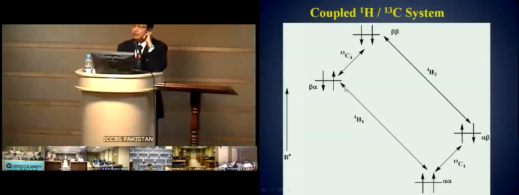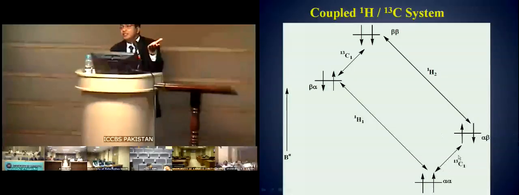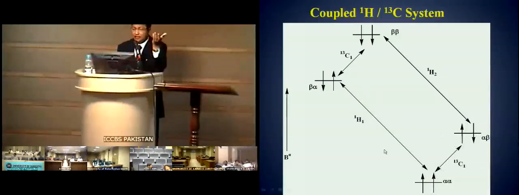This is the energy state in which you have a carbon spin flipping. And this is the state in which you have a proton flipping, and this is the state in which you have a proton flipping also, and this is the state in which you have carbon flipping.